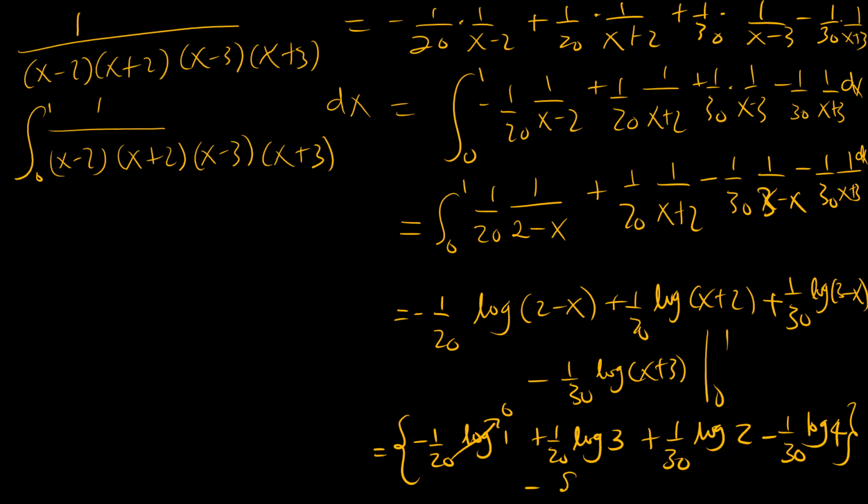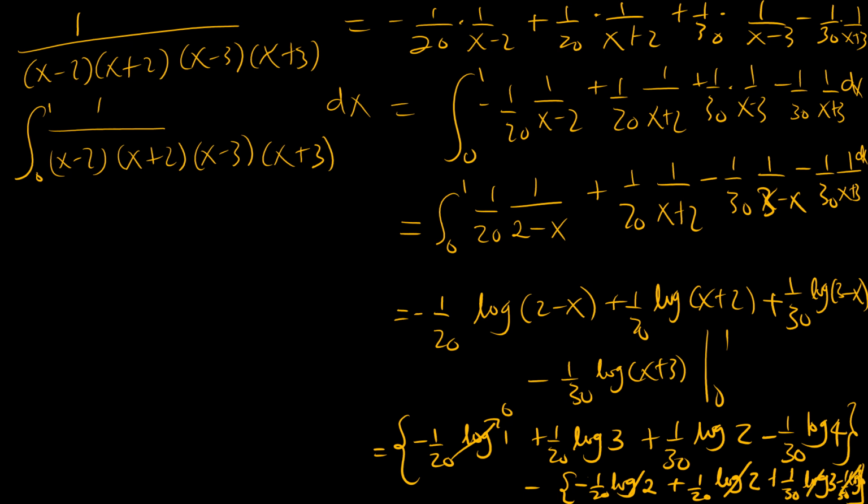Minus, at x equals 0, negative 1 over 20 log 2 plus 1 over 20 log 2, so this and that cancel, and then plus 1 over 30 log 3 minus 1 over 30 log 3, so these again cancel.